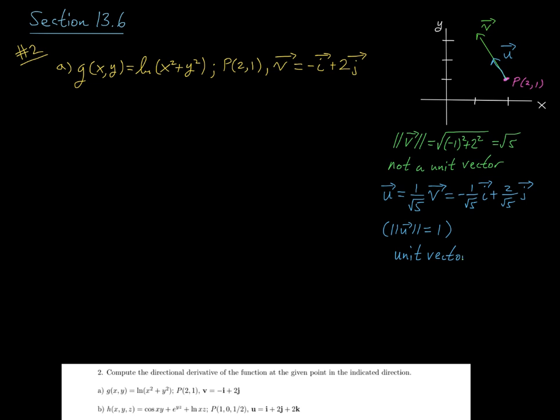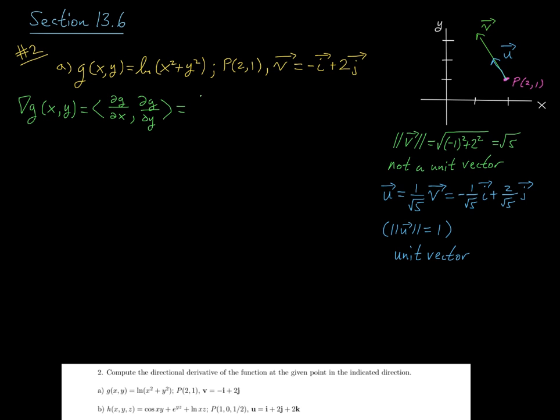All right, great. So now let's compute the gradient of our function g, because we're going to need this to compute the directional derivative. Here I need the partial derivatives of our function g.